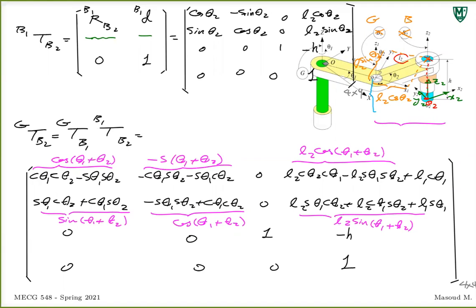Could I just skip the step of writing out all these sines and cosines? If your frames were not oriented in this direction, you wouldn't have gotten this, right? We'll get to that. That's why they define these frames in this way.